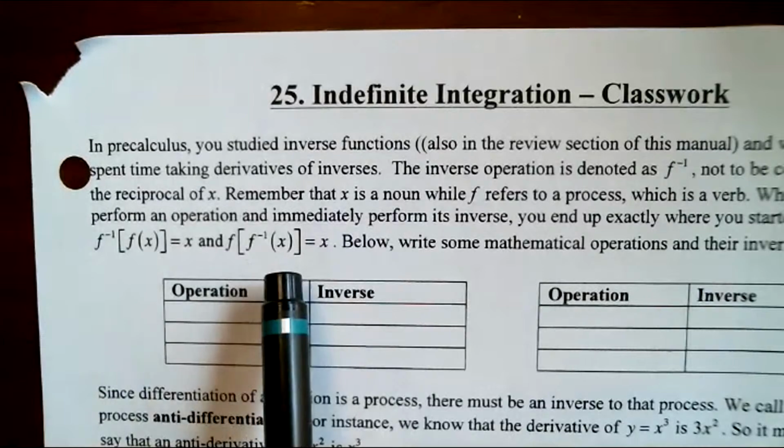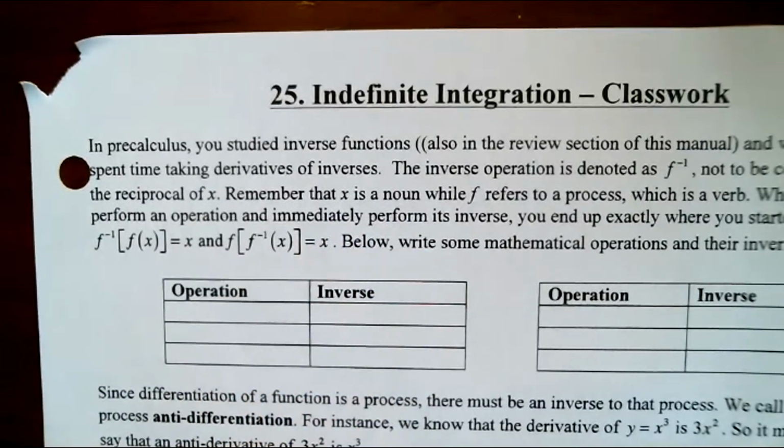Remember that x is a noun while f refers to the process, which is a verb. Whenever we perform an operation and immediately perform its inverse, you end up exactly where you started. We say that the inverse of f of x is equal to x. And we say that f of the inverse of x is x.